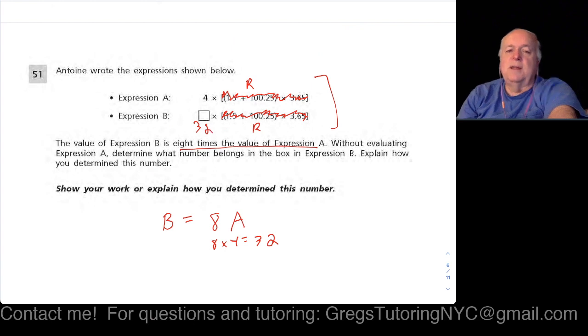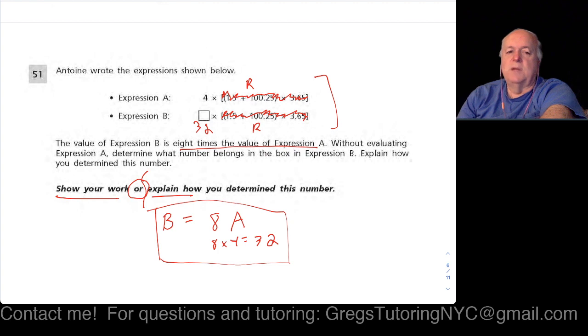Another thing that happens in this question is normally it's show your work or explain. They're giving you either choice here. So you can show what I just did here. You could also write it out in some other ways, or you could explain it in words. And I just did the explanation, so you can replay that. The part they don't want you to evaluate is exactly the same in both expressions.